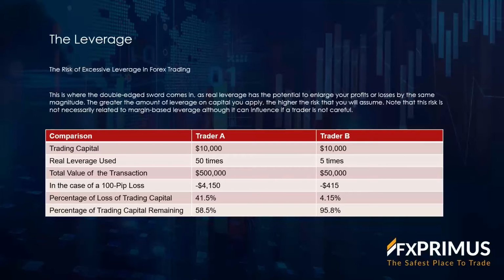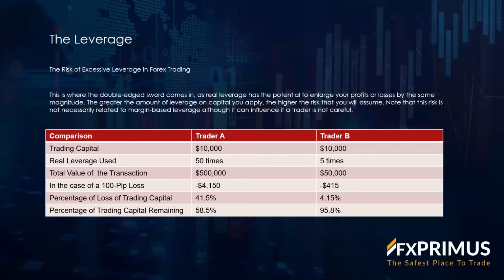I've taken an example here of USD JPY, where I've taken the current market price as 120. While you are trading on a leverage of 50 times, you see the trading capital of 10,000 leads you to a loss of 4,150 if the price goes against you by 100 pips.